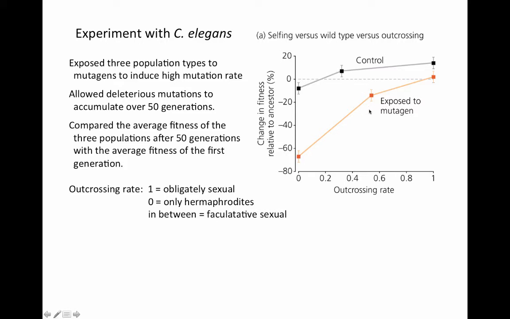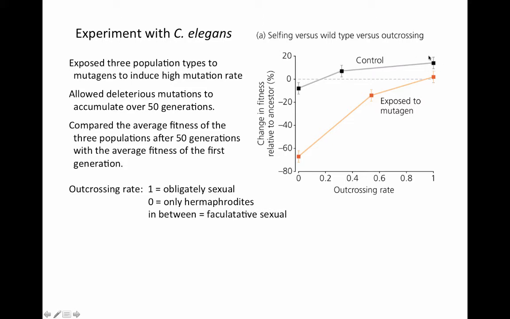So this is another indication that sexual reproduction is beneficial in reducing that genetic load when exposed to mutagens. As compared to the control that has a lower outcrossing rate, it's less beneficial to reproduce sexually under these circumstances. We see that the fitness increases just under the normal mutation rates.